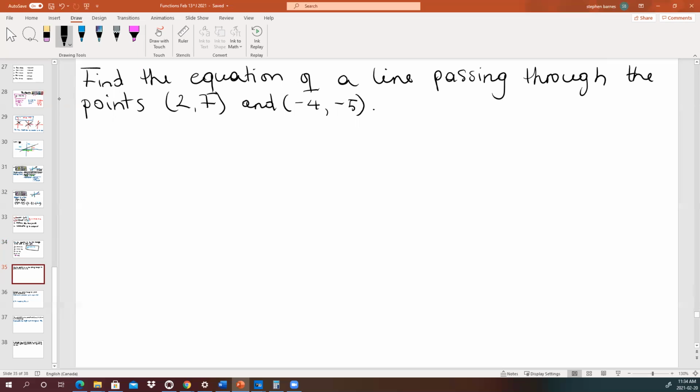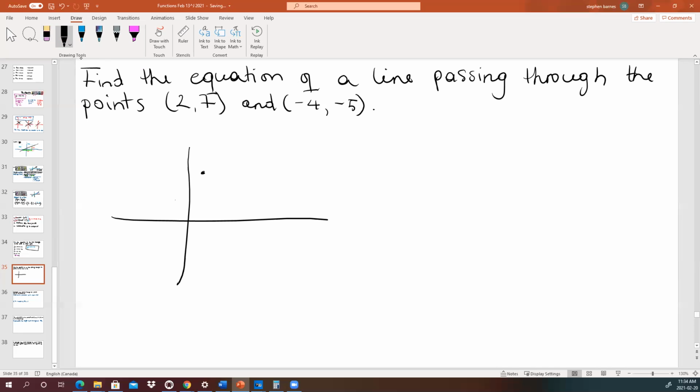So effectively, what they're saying is that you have a line. They don't tell you what the function of the line is. They just say you have a line, it passes through a point here, which is (2, 7), positive y, positive x.